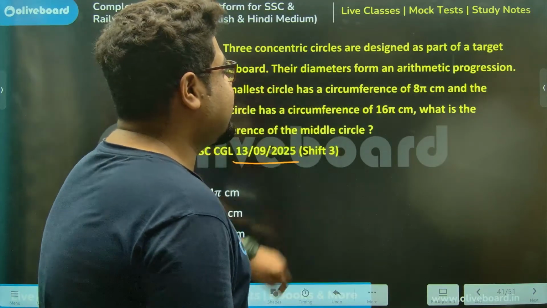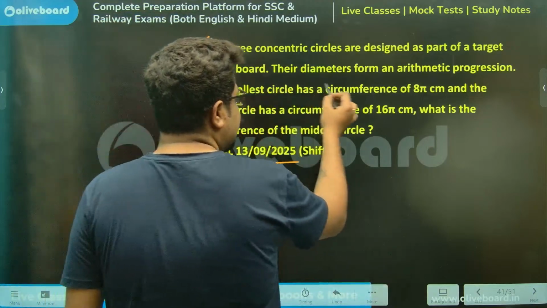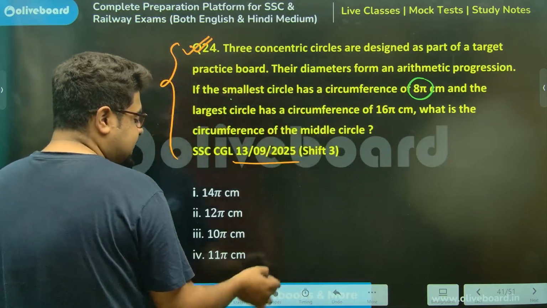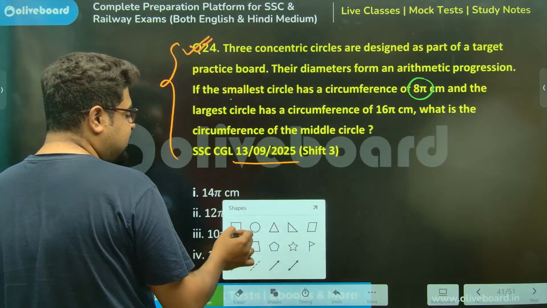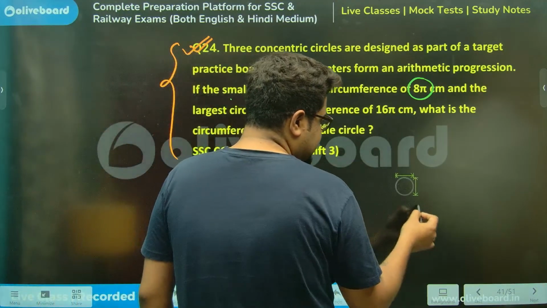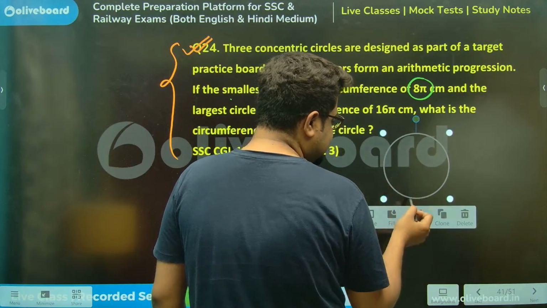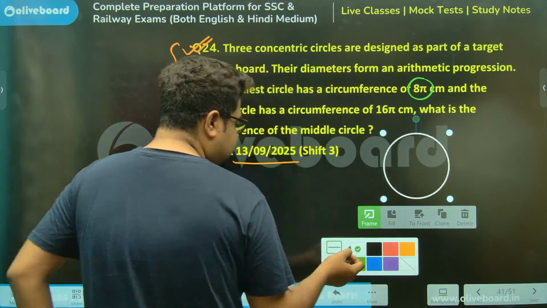3 concentric circles. So smallest circumference given. So target practice board meaning, again, I guess you guys can visualize. Sir, if you have seen the game of darts or archery contests, they generally form a very good circle.